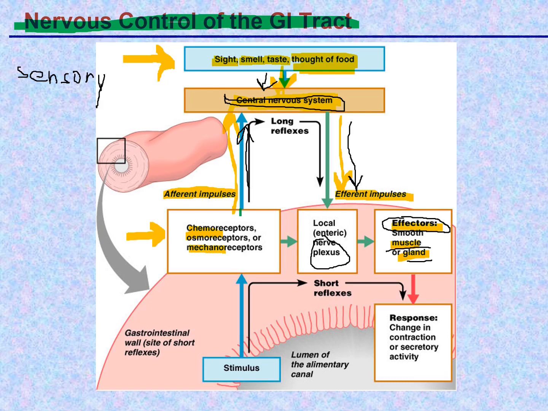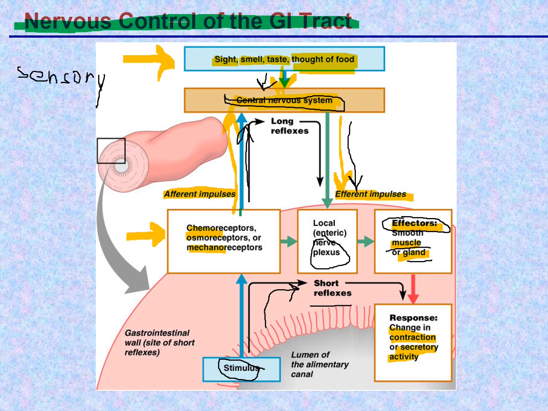Here the stimulus can occur because of changes in the space of the gut, and the sensory information goes into the local nerve network and is enough to trigger a short reflex. The response, again, is always either muscle or gland tissue. Muscle contracts, glands secrete.